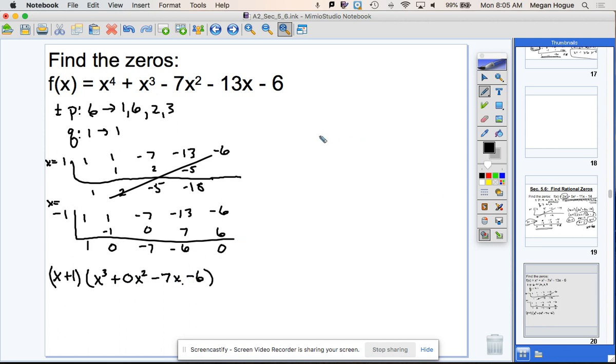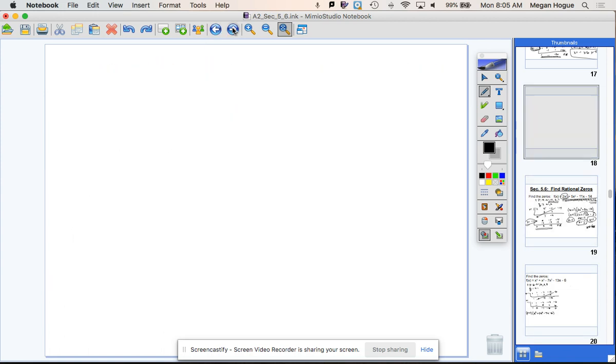It's kind of like, maybe this is too much. Some of you will get this, some of you won't, and that's okay. It's kind of like if I have x squared plus 5x plus 6. Let me go back to when we had 2x squared plus 3x minus 14.